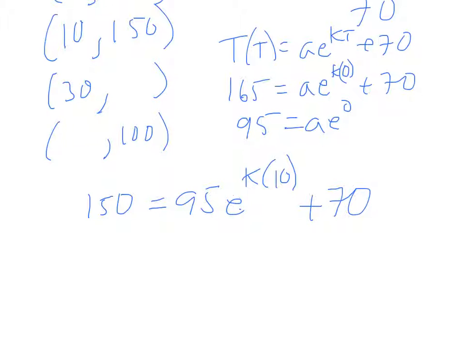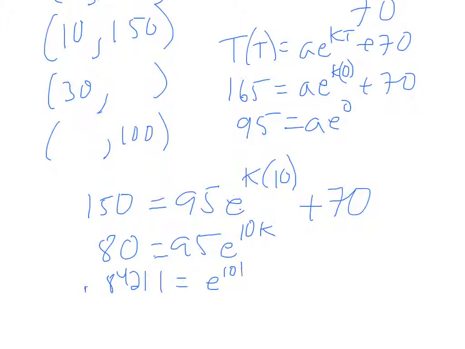Now doing a little algebra. 80 equals 95 e to the 10k. So I'm going to divide by 95, and that gives me 0.84211 equals e to the 10k. Then I'm going to take the natural log of both sides.